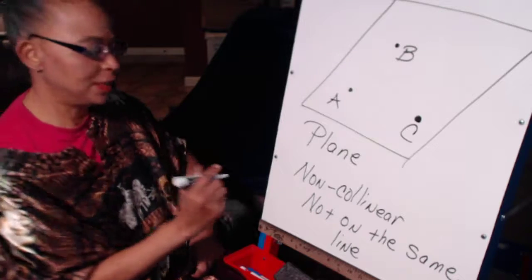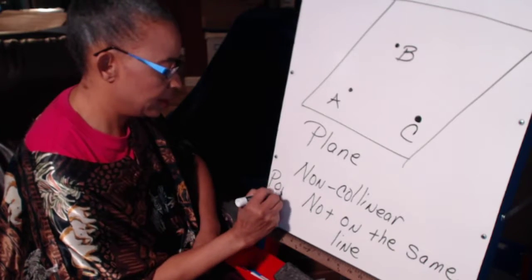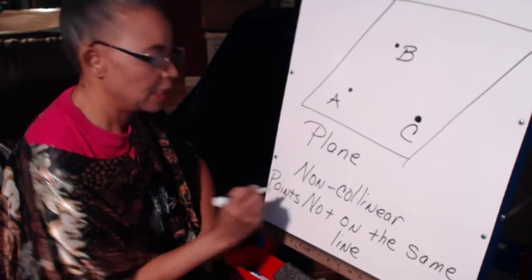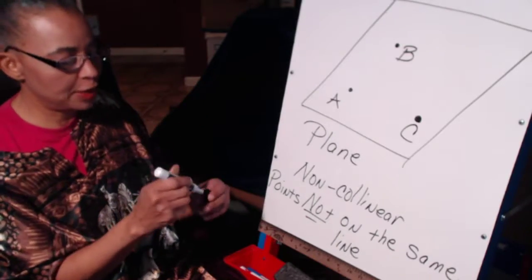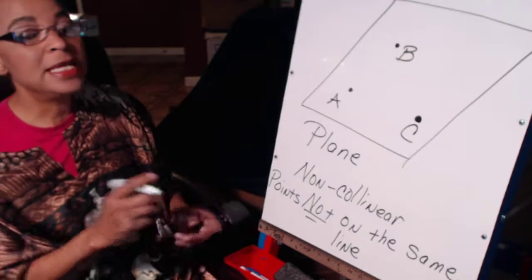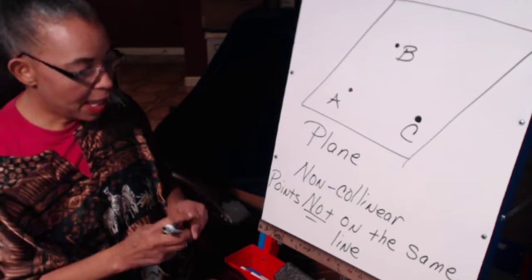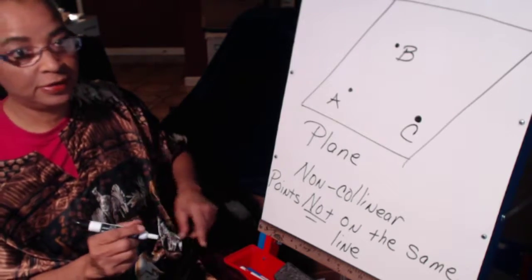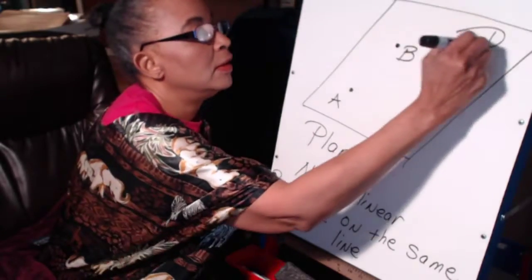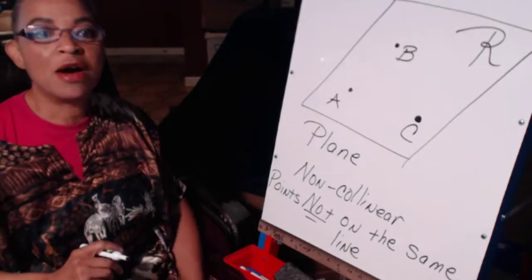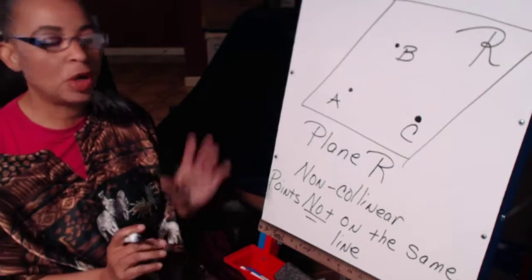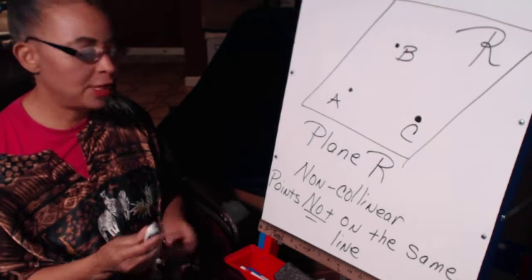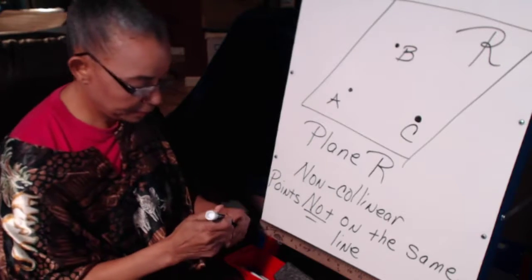No, I'm missing something. Points, not on the same line. And you agree that that's it. Now, generally they name a plane with a cursive capital letter. So let's say R. That would be plane R. So a cursive capital letter is how they name a plane.